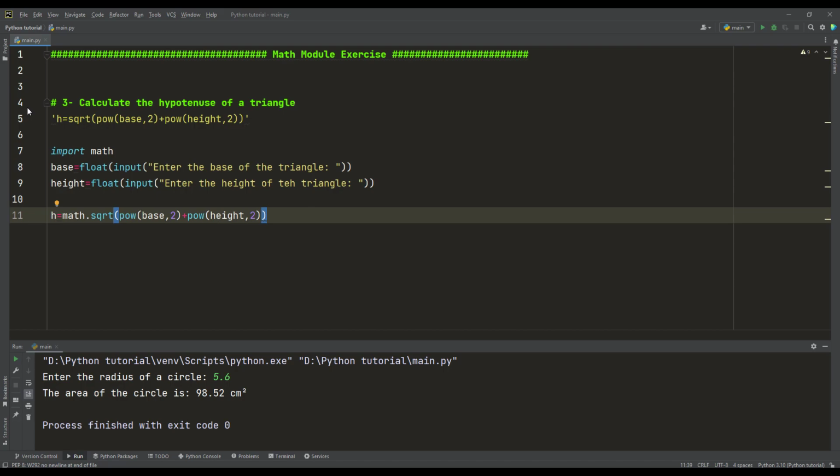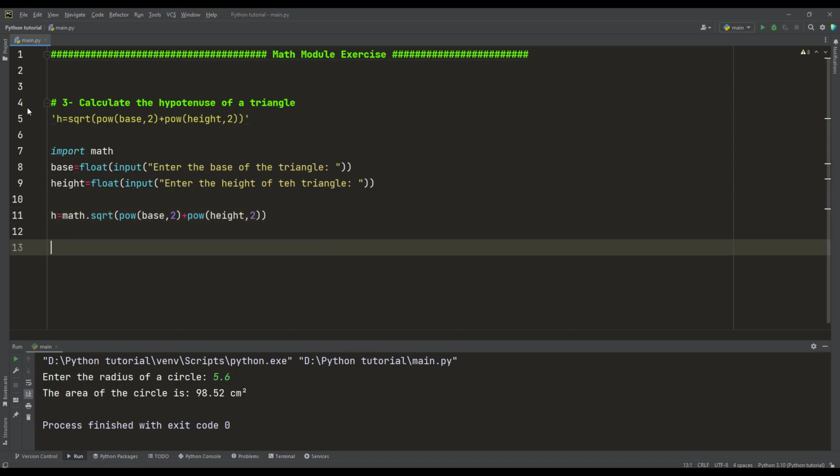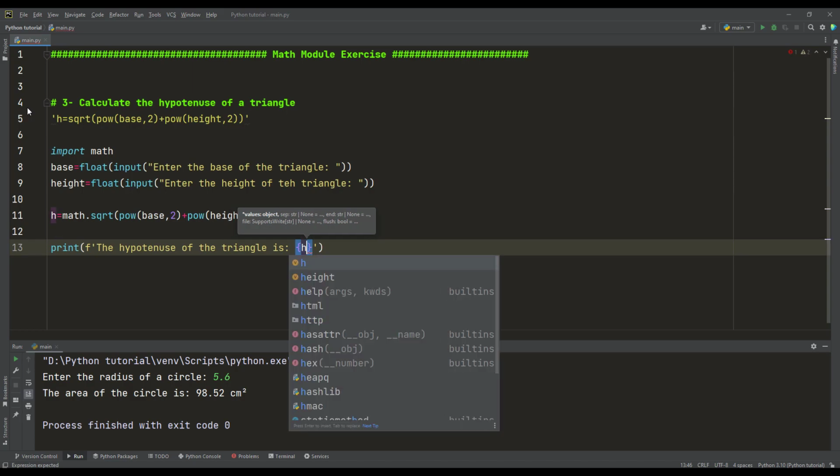Here I can visualize the result with printf: the hypotenuse of the triangle is, and I prefer to use a colon. This is the placeholder of the hypotenuse.